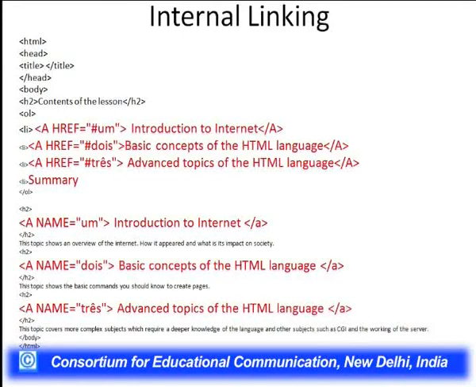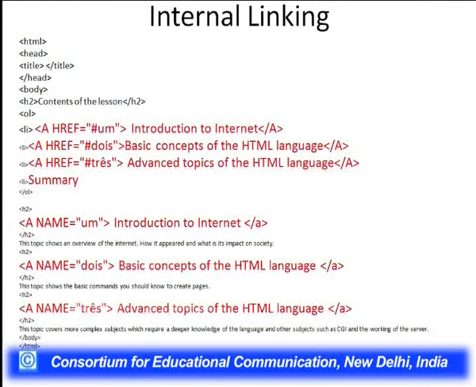In the body we are using the links. You can see in red color it appears a href, and then you write #um and then Introduction to Internet. This hash signifies that the link is on the same page and it is not an external link. Similarly, other links have been created.